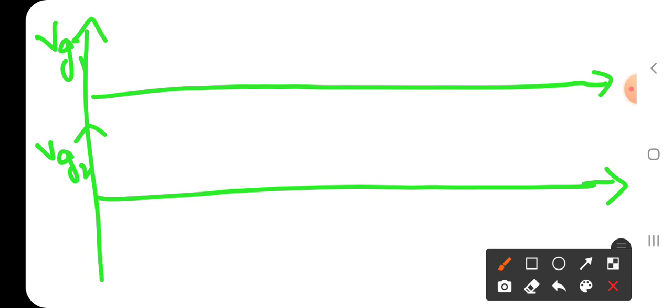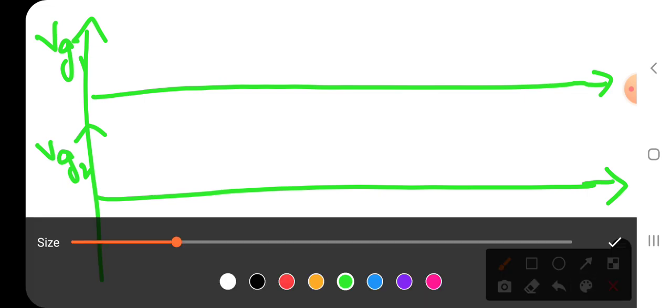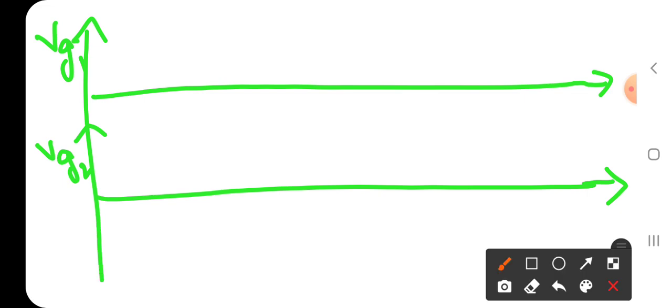Initially we turn on both choppers, both switches. When chopper 1 and chopper 2 are turned on, the source is connected to the motor. After some time chopper 2 is turned off.